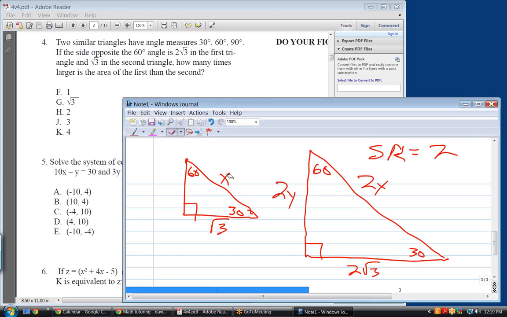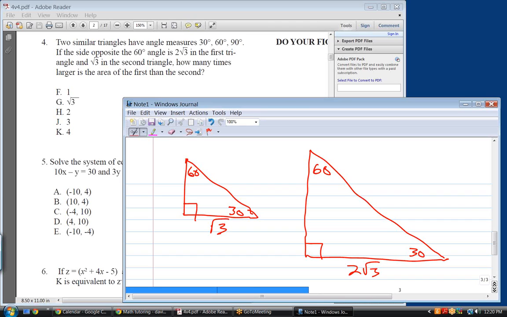Now what it's looking for is the relationship between the area of this triangle and the area of that triangle. Is it 2? No, it's 4. It's 2 squared, because we're going from a linear measurement to an area measurement.